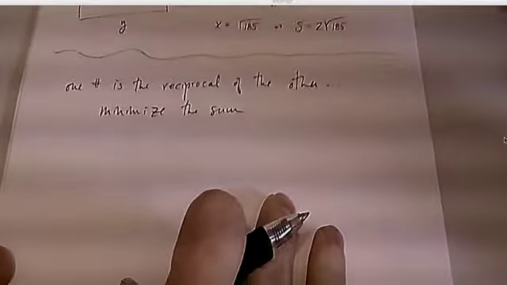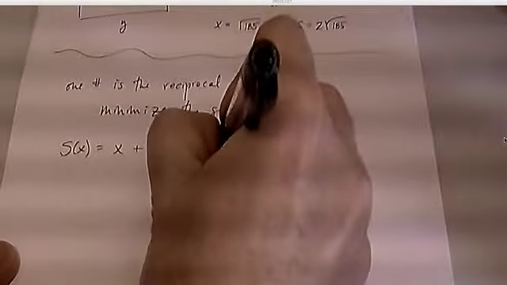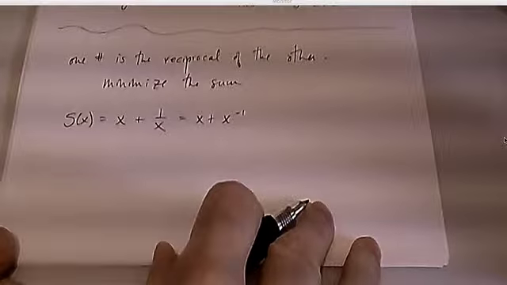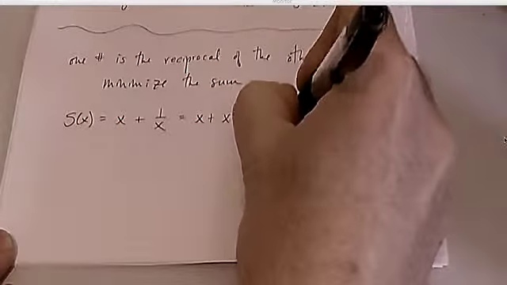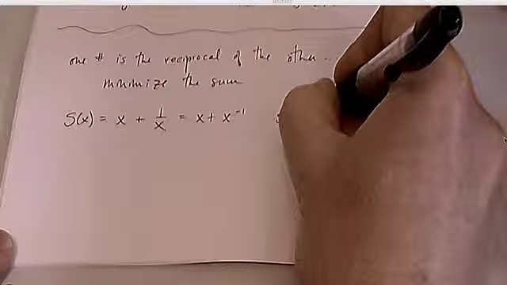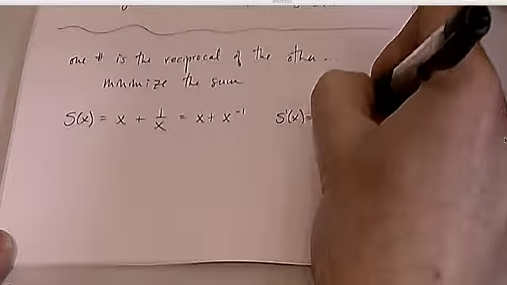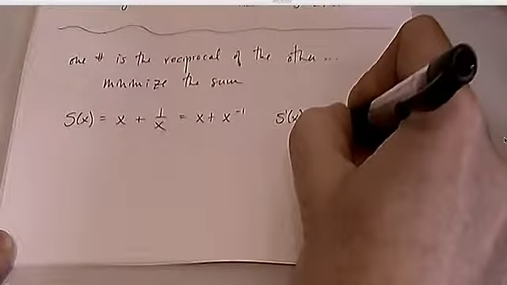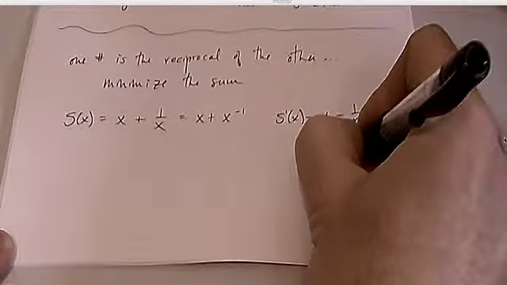Well, this is actually set up in much the same way. So I know that the sum is going to be x plus its reciprocal, or x plus x to the negative 1. Okay? Well, that gives me a derivative of 1 minus 1 over x squared, or x squared minus 1 over x squared. How do I minimize the sum?